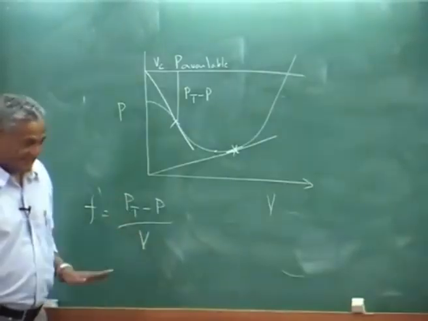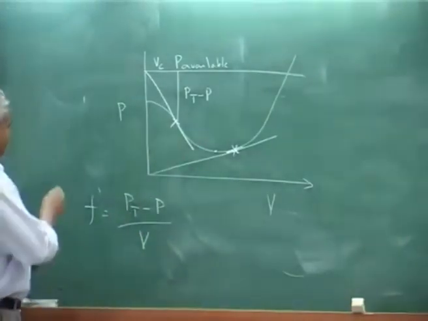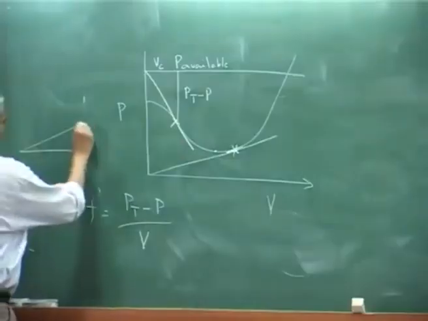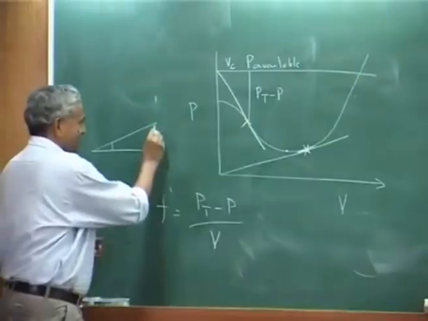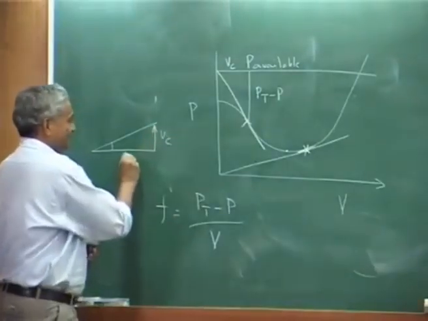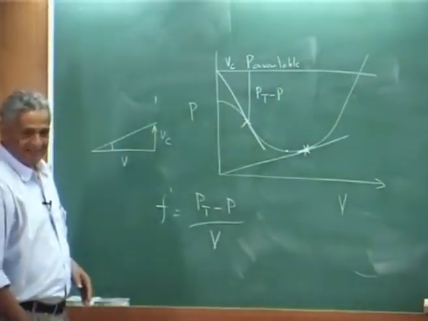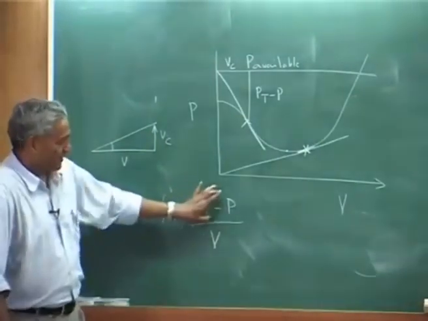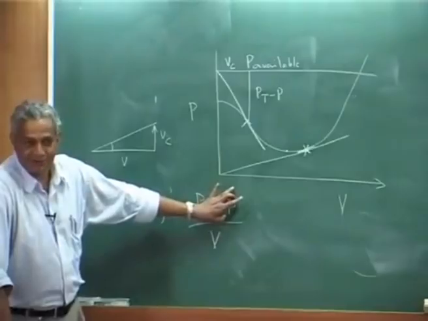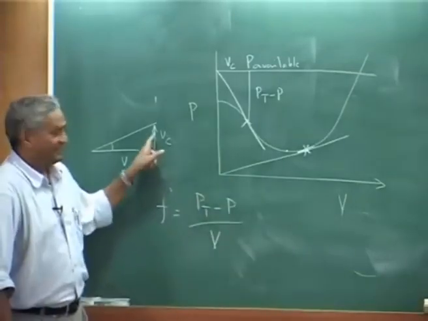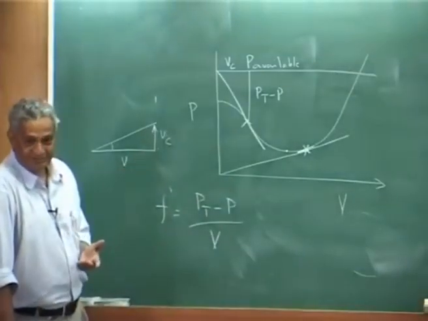You want that angle of climb to be good, such that this is Vc, this is V. So, the power available is directly related to how much climb velocity you can have.